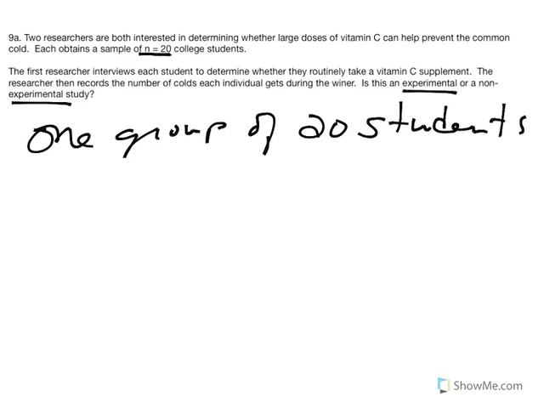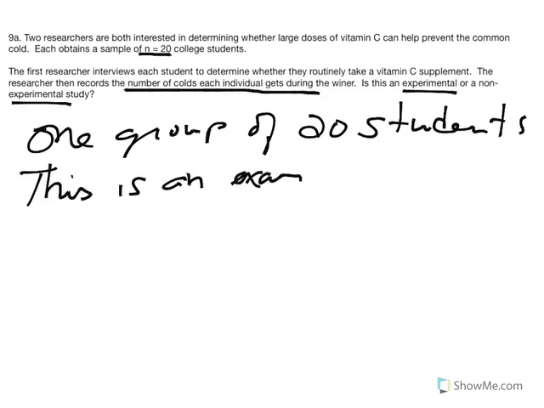It says that we interview those 20 students, and they tell us the number of colds that they've endured during the winter. So the fact that we are working with one group tells us that this could not be an experiment. An experiment requires at minimum two groups. Okay, so that's how we can make the distinction. So this is an example of a non-experimental study.